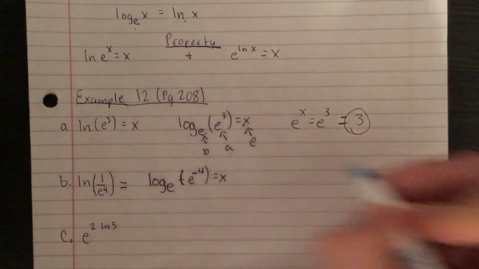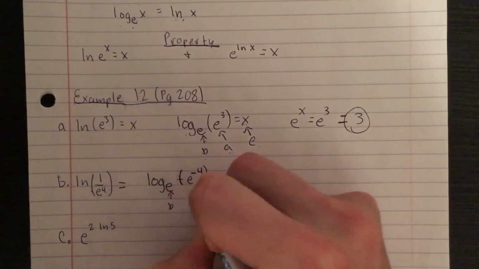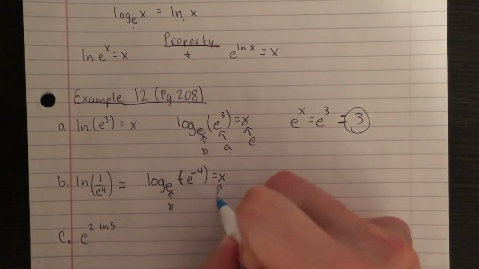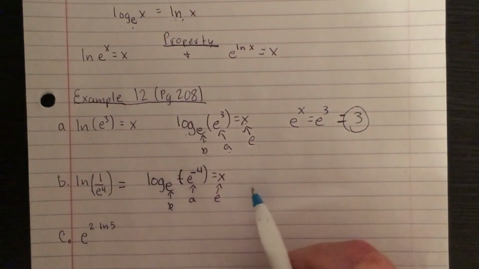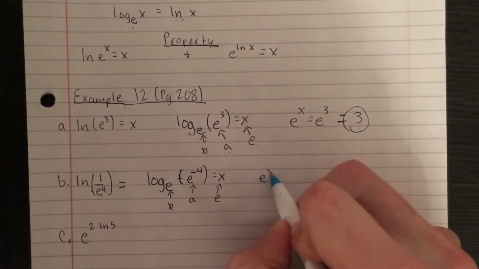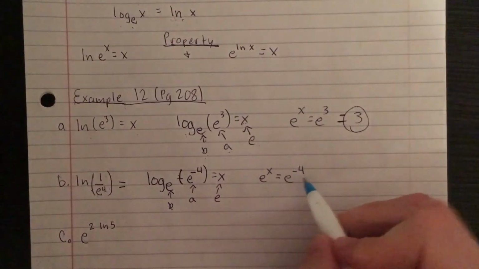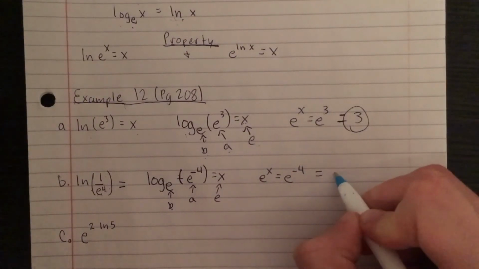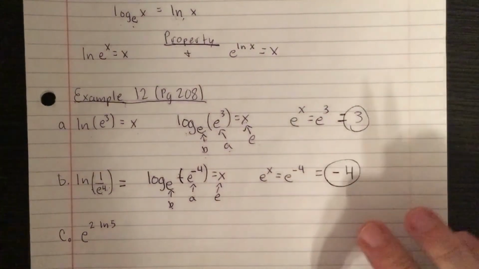So we're asking ourselves, e is the base to what power is going to give us this answer? Logs are bay here. So we're going to say, well, e to the x is equal to e to the negative fourth. So that means it is negative 4.